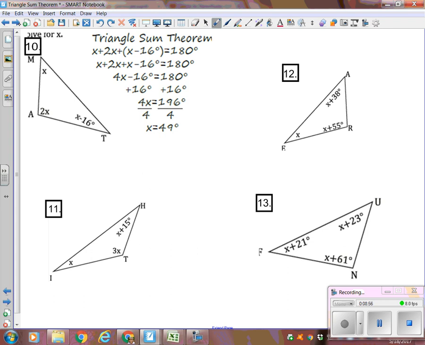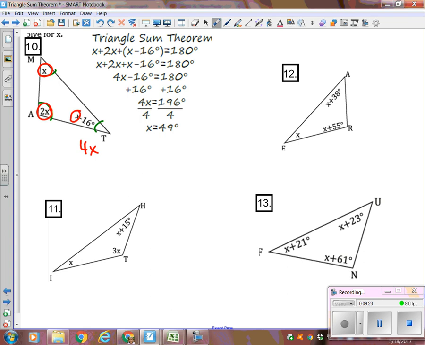When you have an expression, for example, number 10, I know the answer is there. Let's just pretend that we don't. I have this angle plus this angle plus this angle. I have no tick marks, but I know that if I add them all up, they should all equal 180. So I'm going to add x plus 2x plus one more x. And x plus 2x plus x should be 4x altogether.